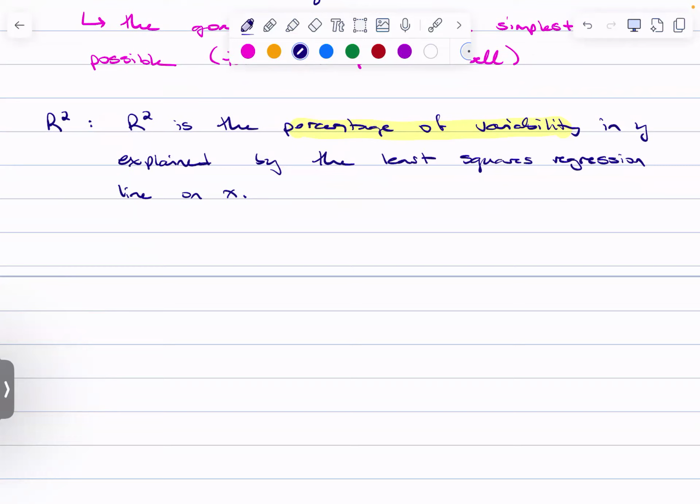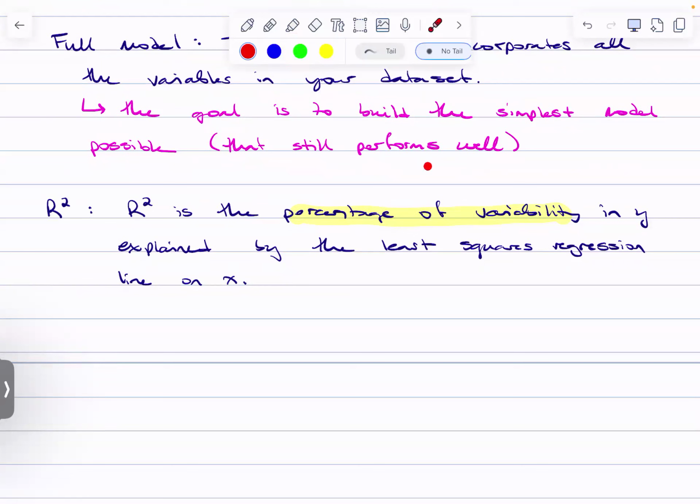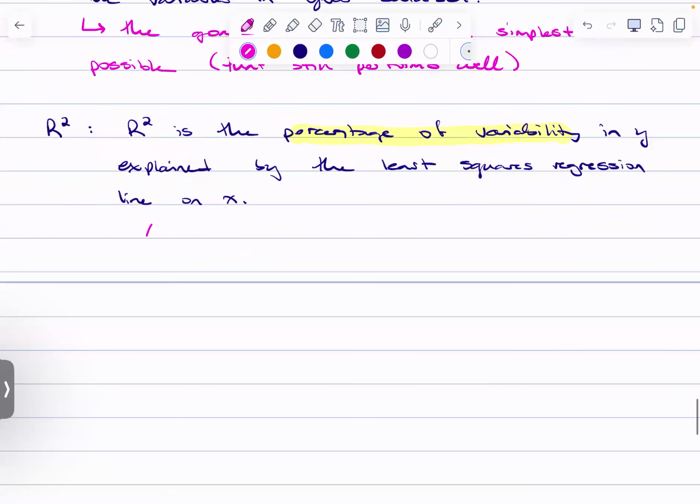And a high R squared is a good model. In fact, a high R squared means the model performs well.